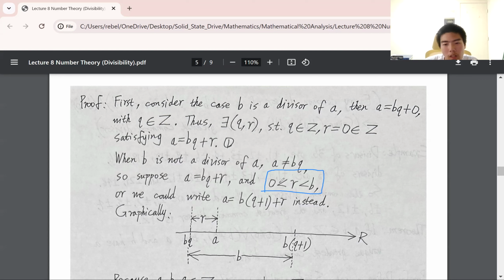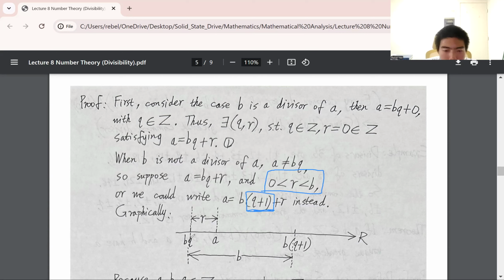But we can only have R smaller than B and greater than 0. R greater than 0 is easy to understand because it cannot be 0 and it must be greater than 0. We're considering all positive integers here. At the same time, R must be smaller than B, because if it's not smaller than B, then we can also write A equals B times Q plus 1 plus R, and Q is not unique here.